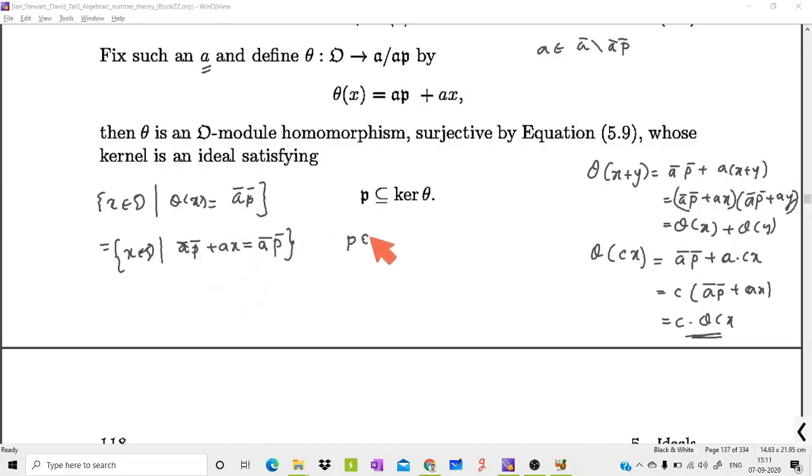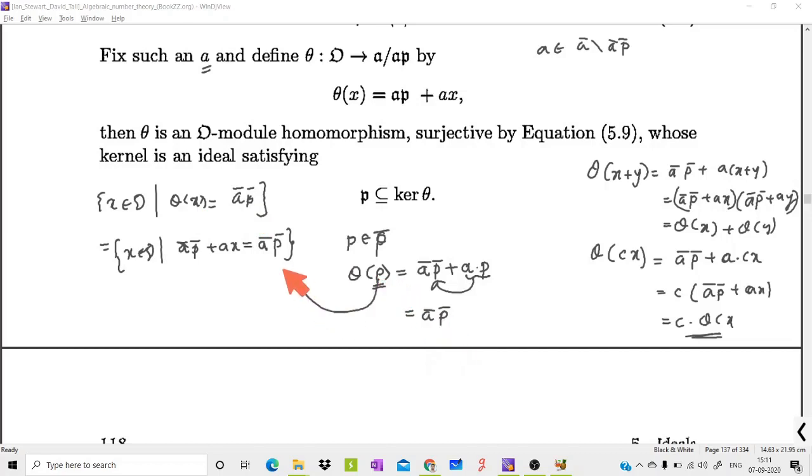When you take P belonging to this ideal P, what is theta of P? By definition, theta of P equals AP plus A into P. This is always an element of AP, hence this will be AP. So the image of P, theta of P, is equal to AP.